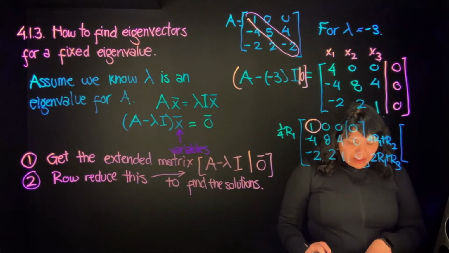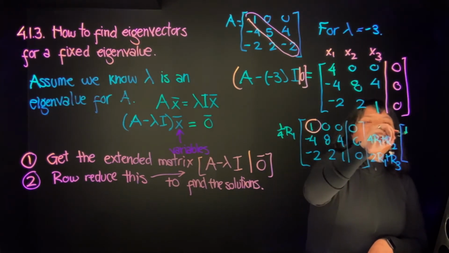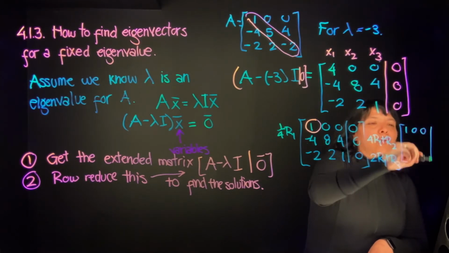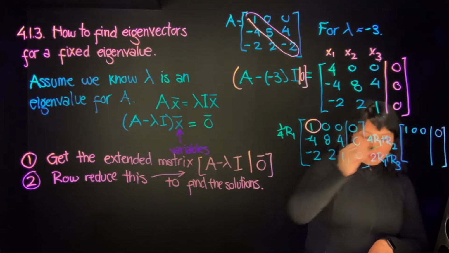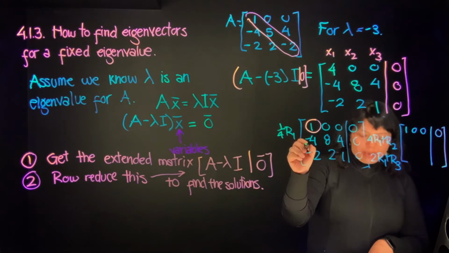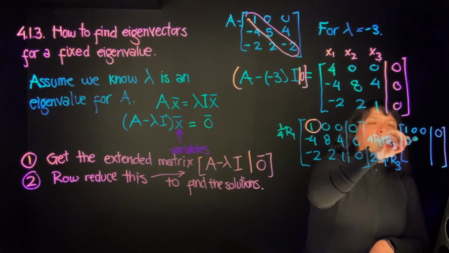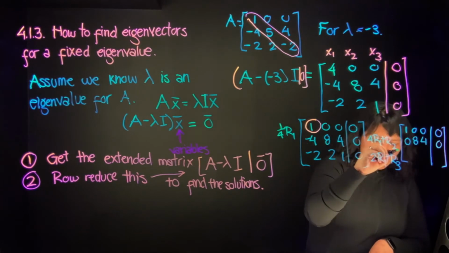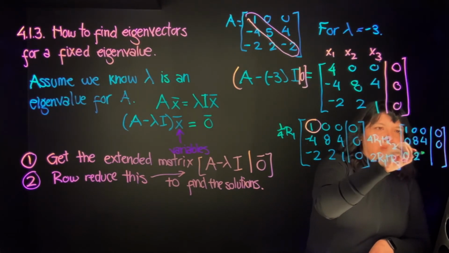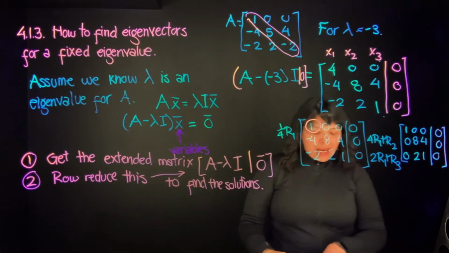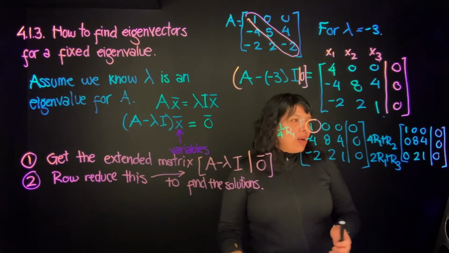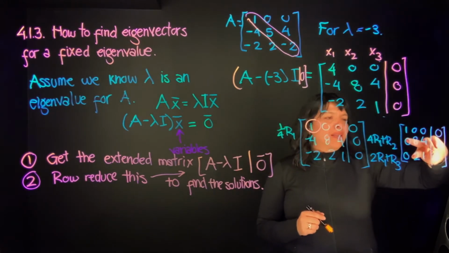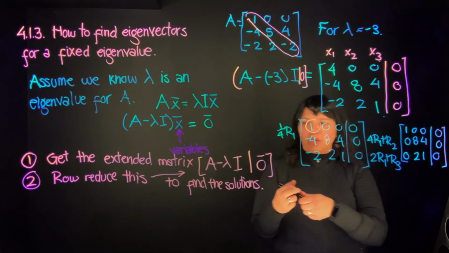So I end up getting my usual 1, 0, 0, my original one. Then in the second one, I'm going to get 0, 8, 4, 0. And in the last one, I will get 0, 2, 1, 0. Then I want to have a 1 in this entry, and it's easier for me to just switch these two.